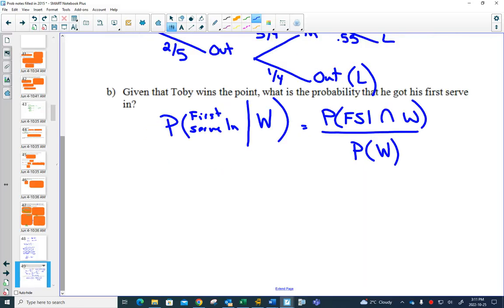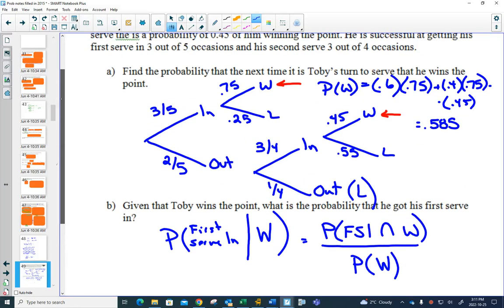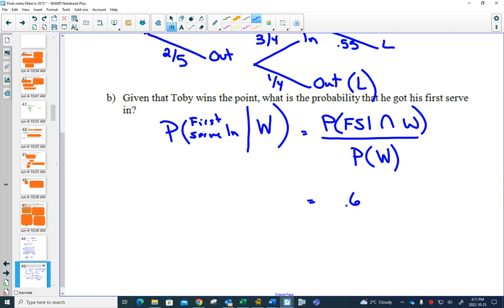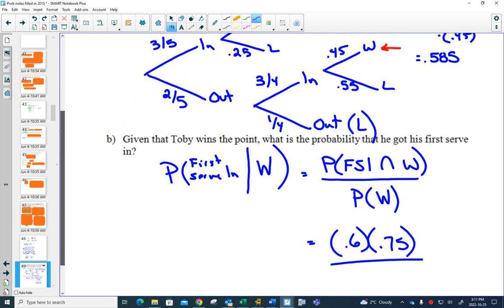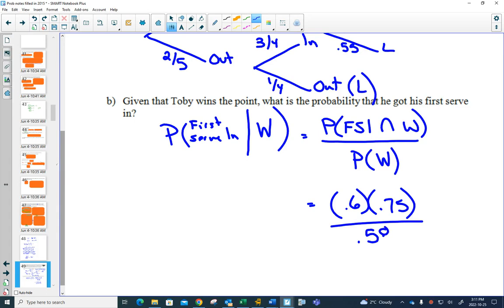So considering this, probability first serve in and win, we knew that that was the top branch, 0.6 times 0.75, and we'd already figured out in part A that the probability of winning was 0.585. So put into our calculator, approximately 0.76936, rounding.